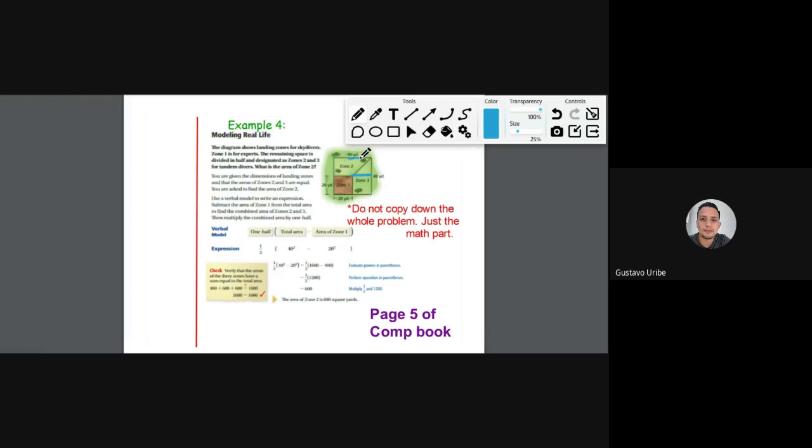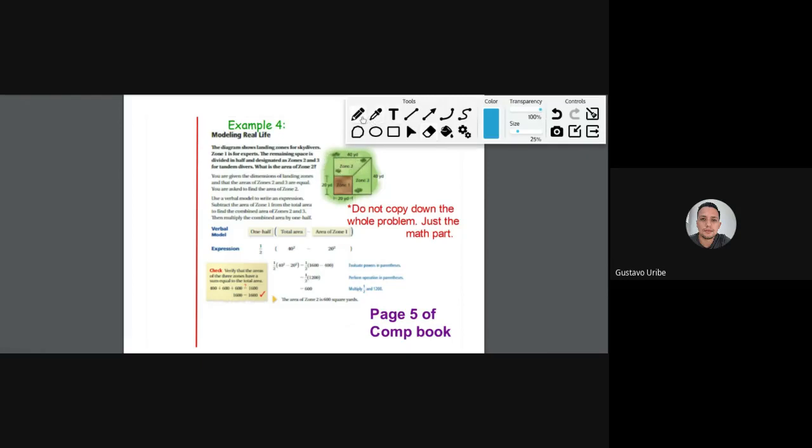I'm going to find the area of this rectangle, and then find the area of this triangle right here, subtract it, and it will give me the area of zone 2. So we need at least a basic understanding of area.